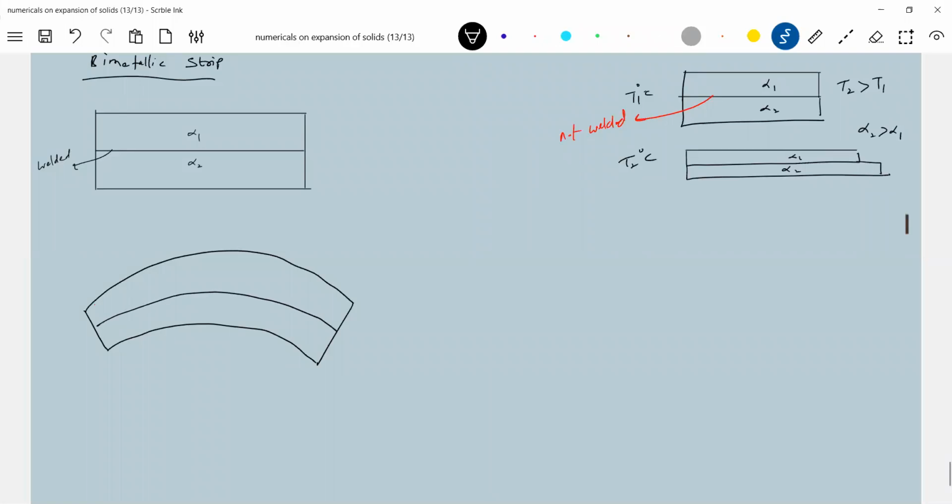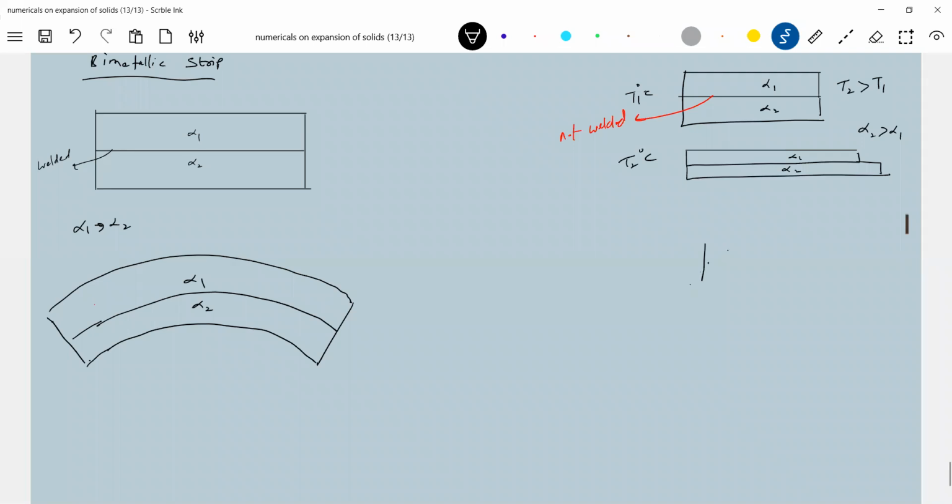Now you have to ask the question, sir, why this curvature are you bringing? Any reason for that? The simplest thing is, since alpha 1 greater than alpha 2. If alpha 2 greater than alpha 1, then it will bend like this. So when they're not welded, this will be the thing. So let's have a diagram.